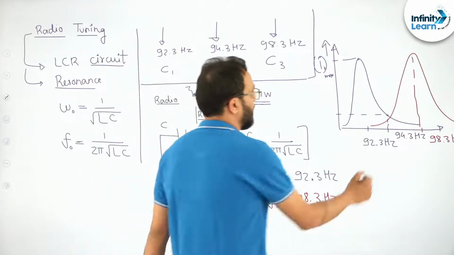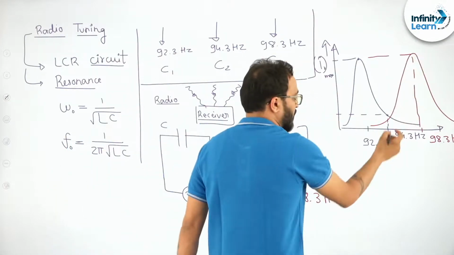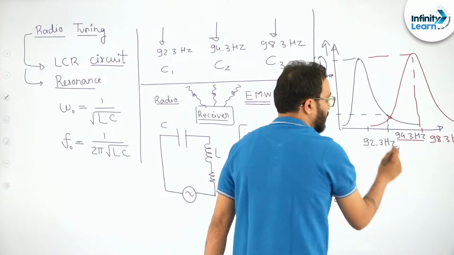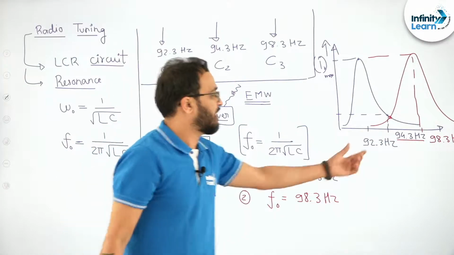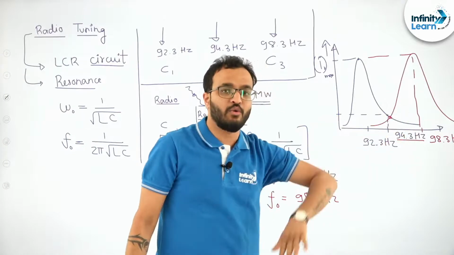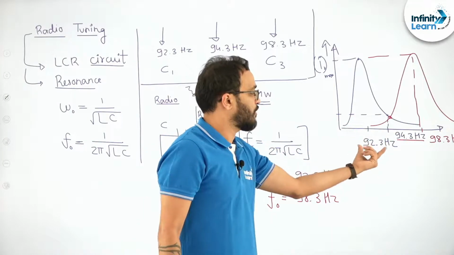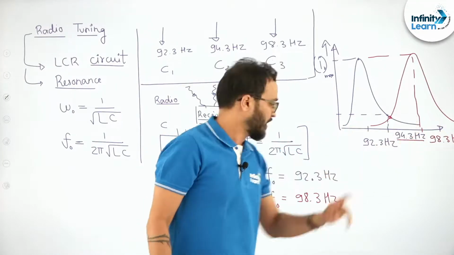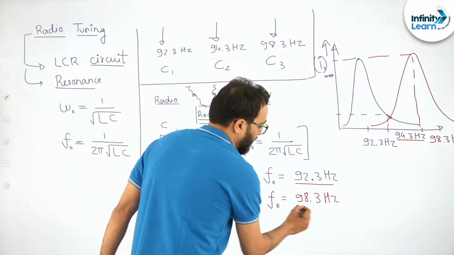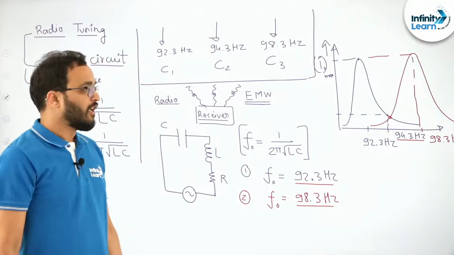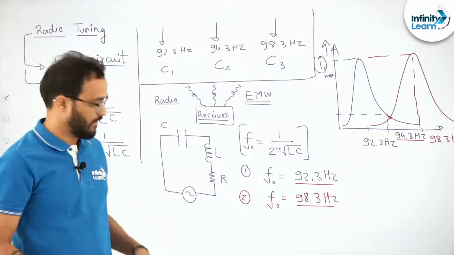Do you understand? During both these signals you were also hearing 94.3, but it was so much overshadowed that its voice was very low compared to the voice corresponding to the resonant frequency. So this becomes a resonant frequency, then this becomes a resonant frequency, right. This is how the radio functions.